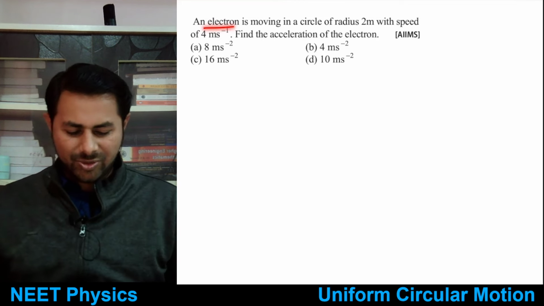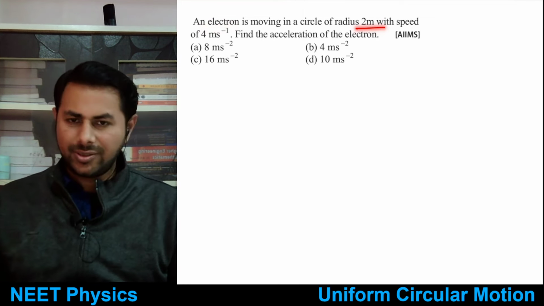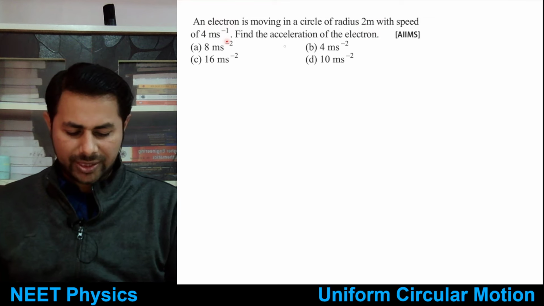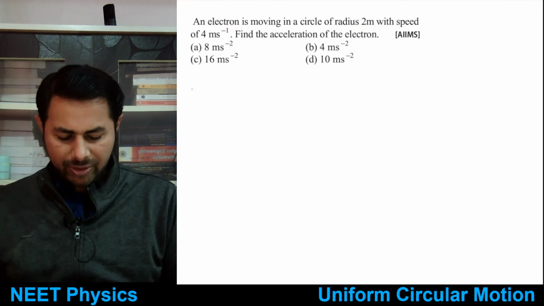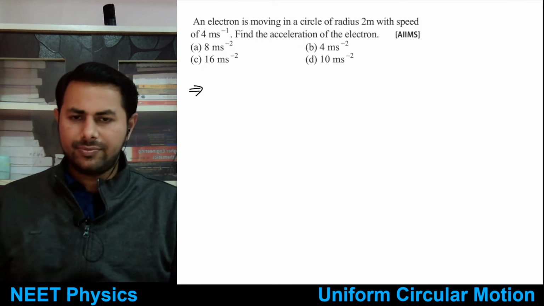An electron is moving in a circle of radius 2 meters with a speed of 4 meters per second. Find the acceleration of the electron. So tell me, which formula will you use here?